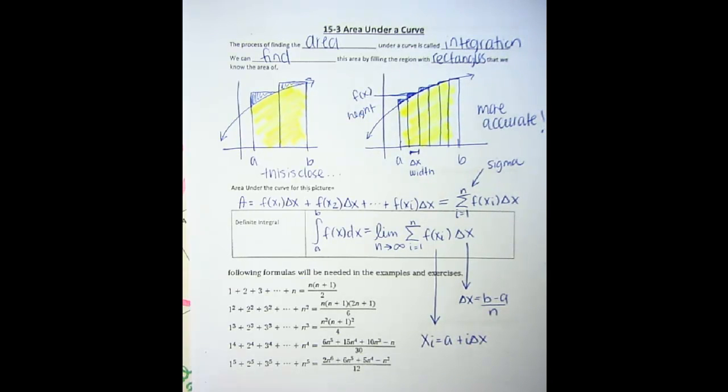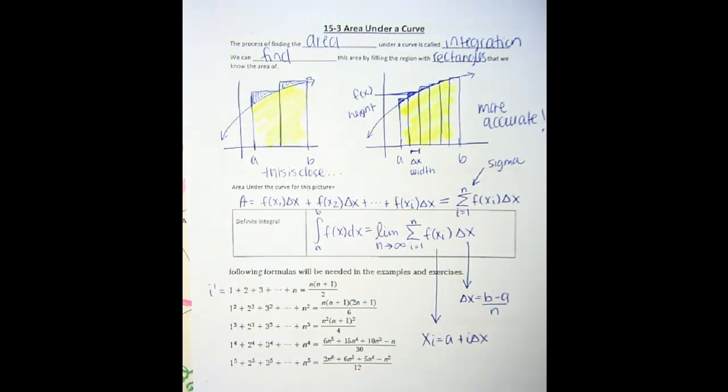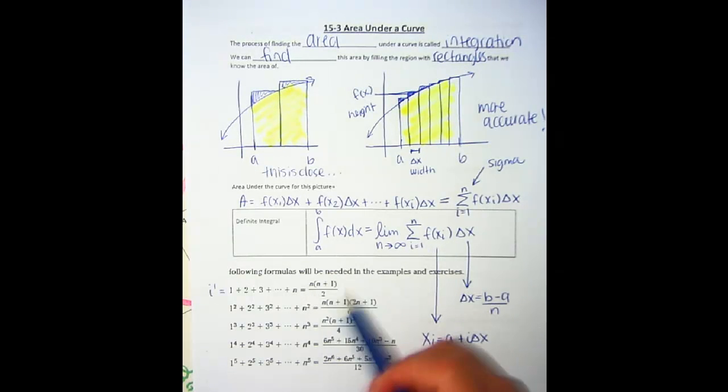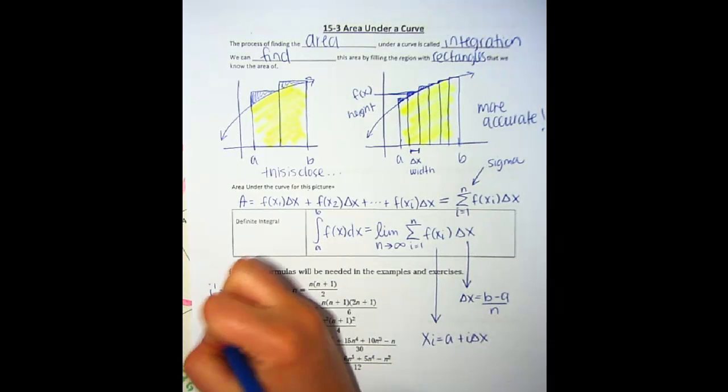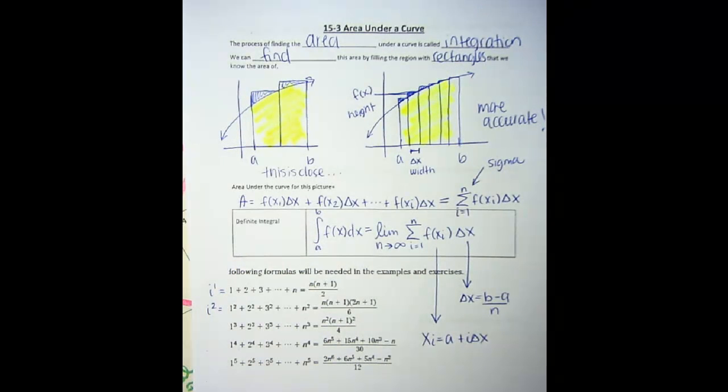Alright? Now, what is i? Well, i is that number, like I said, that you pick, and it's going to be added together, so it's a sum. So if you think about it, i to the 1 is equal to 1 plus 2 plus 3 plus 4, and so on, and they come up with this equation that pretty much represents summing something from 1 to n, okay? i to the 2 is 1 to the 2, 2 to the 2, 3 to the 2, and so on, alright?